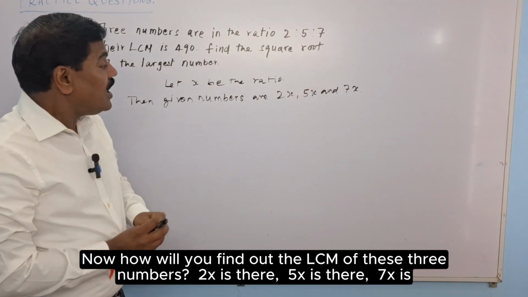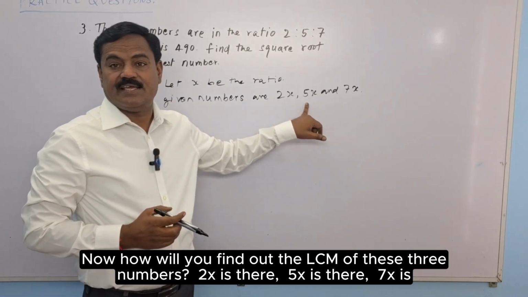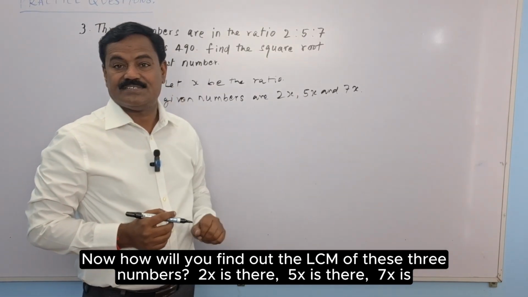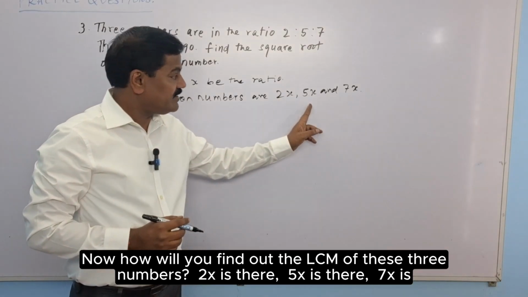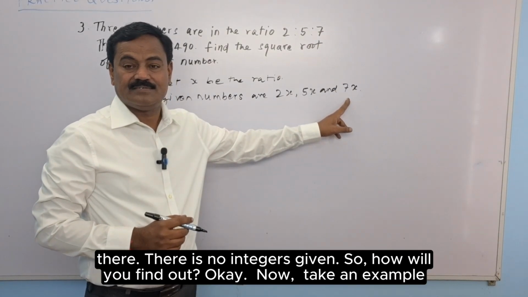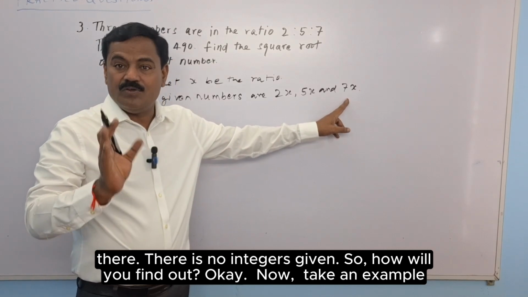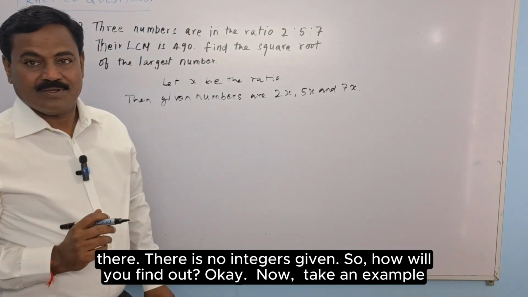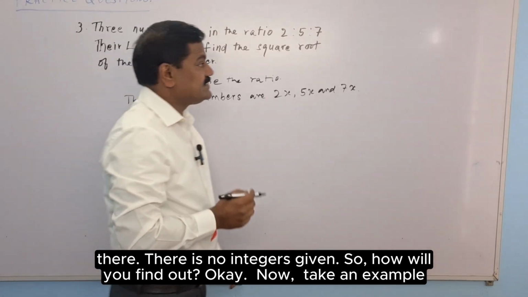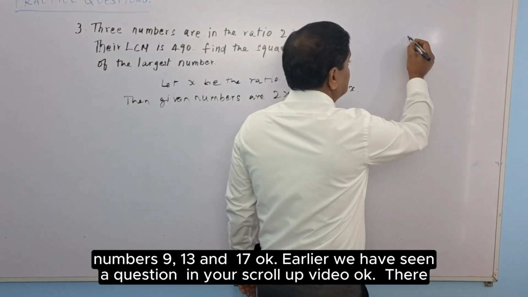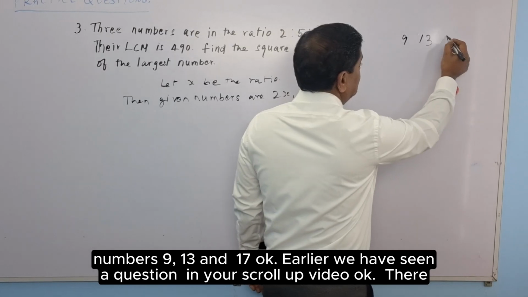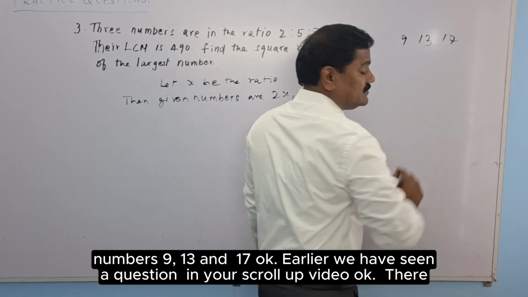Now how will you find out the LCM of these 3 numbers? 2x is there, 5x is there, 7x is there. Right? There are no integers given. So how will you find out? Now take an example of the numbers 9, 13 and 17.